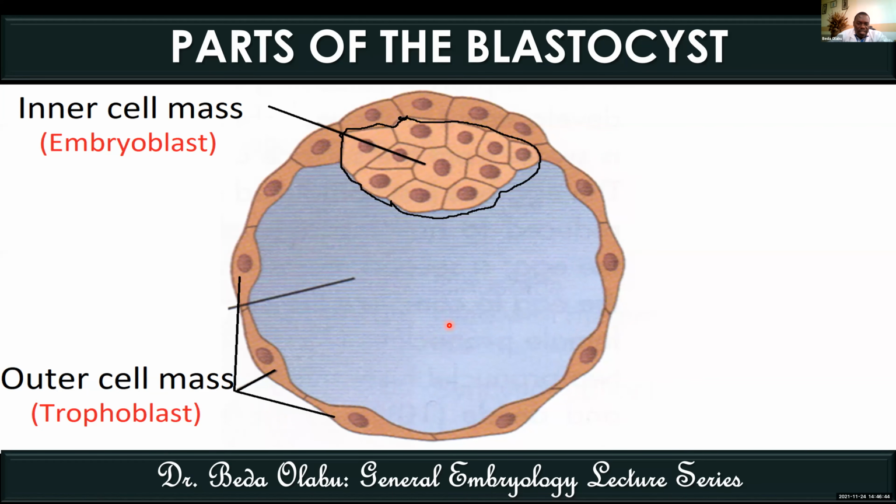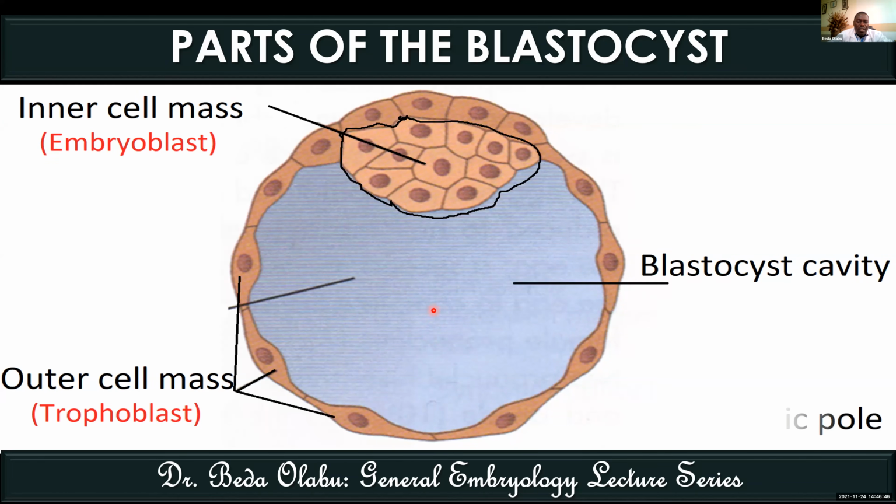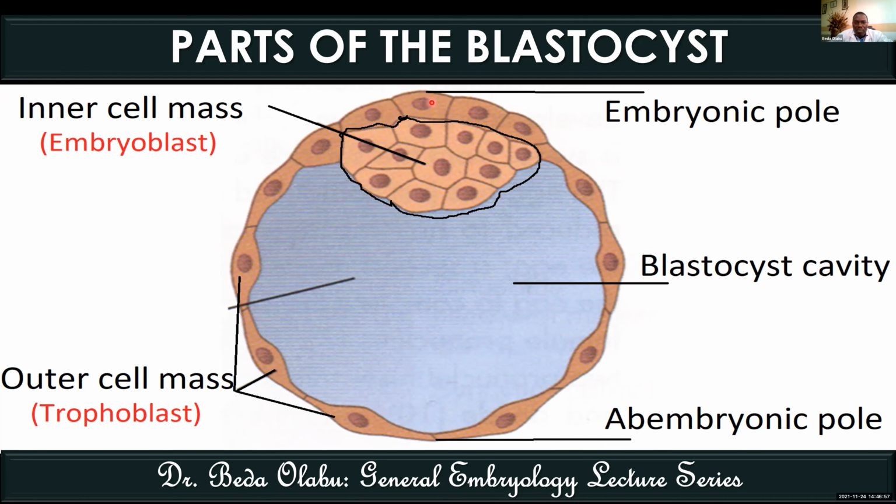We also learned that this is the blastocyst cavity. This is the embryonic pole, which is used to lead the way during the hatching process. And this is the embryonic pole, which is now going to lead the way during implantation.